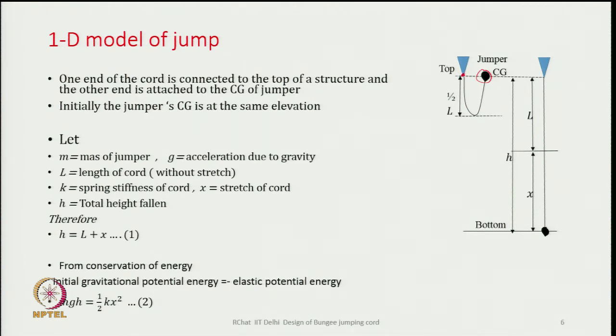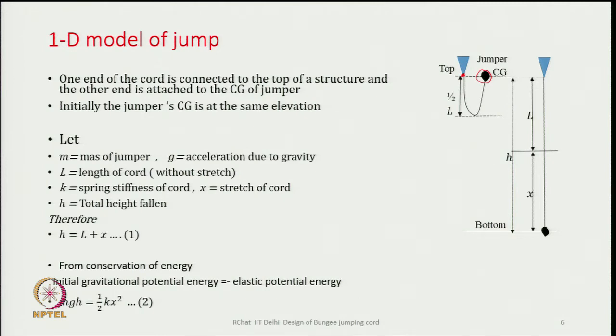The length of the cord, the extensibility of the cord, and the total length including extensions are all shown in the diagram. So, one end of the cord is connected to the top of a structure, and the other end is attached to the CG of the jumper by some harness. So, initially the CG of the jumper is at the same elevation where the cord is connected.